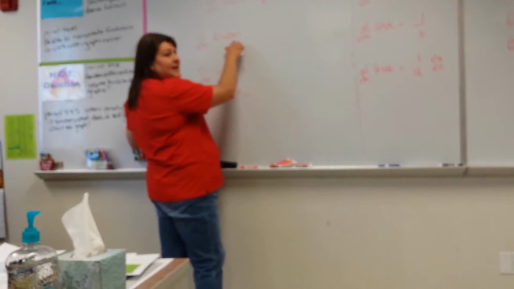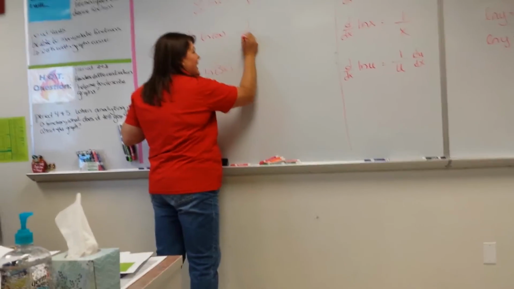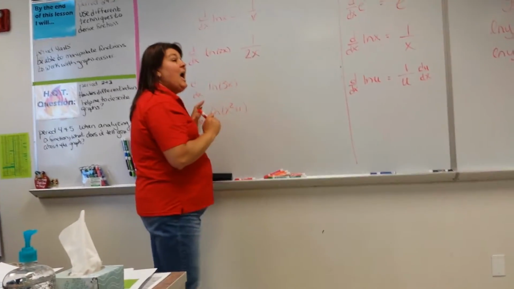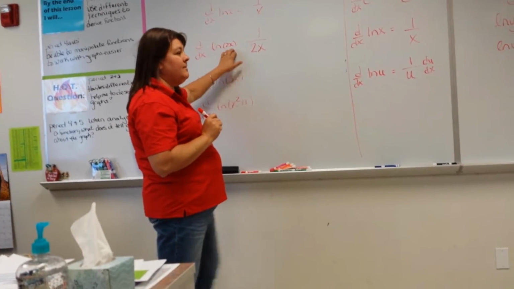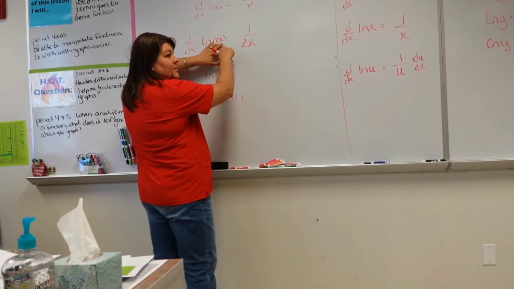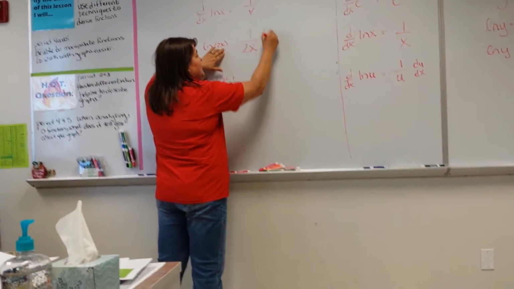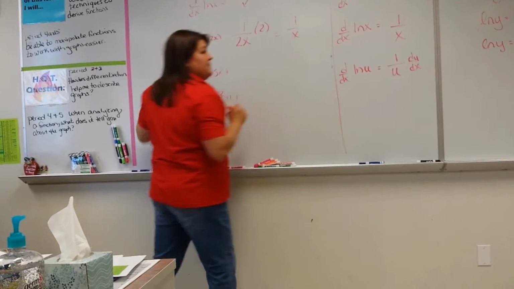Let's take the derivative of this guy. Well, it's going to be 1 over 2x and then times the derivative of the u. In other words, it's kind of like du over dx. So what is the derivative of u? 2. So 2 times 2. What's the answer to this guy? 1 over x. There it is.